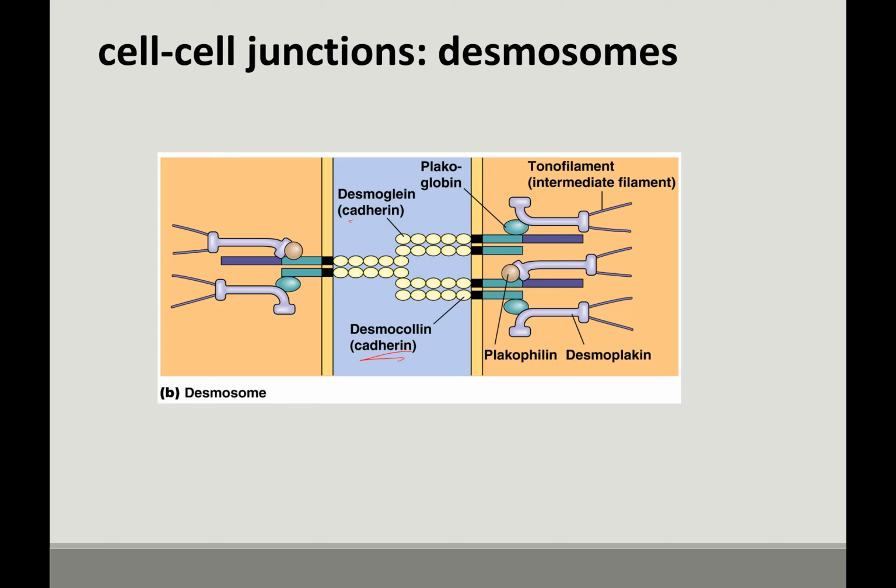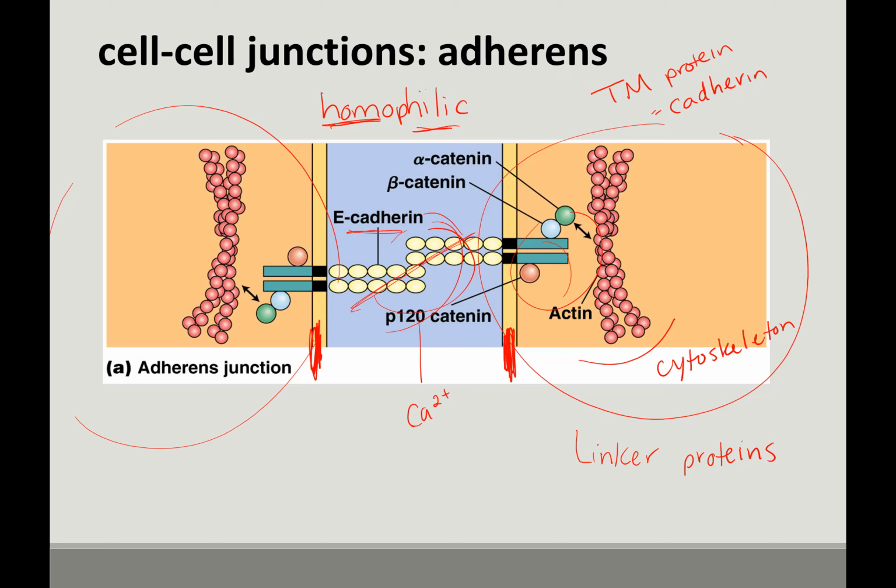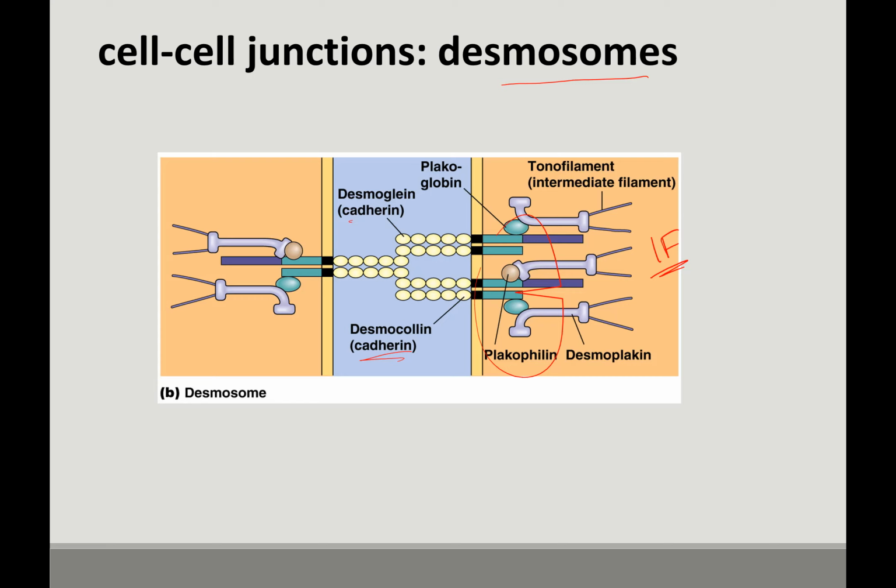But the same idea, you have this transmembrane cadherin protein, you have linker proteins, and then desmosomes are attached to intermediate filaments. That's different than adherens attached to actin.